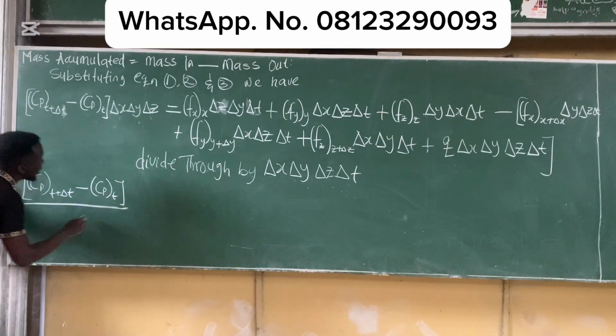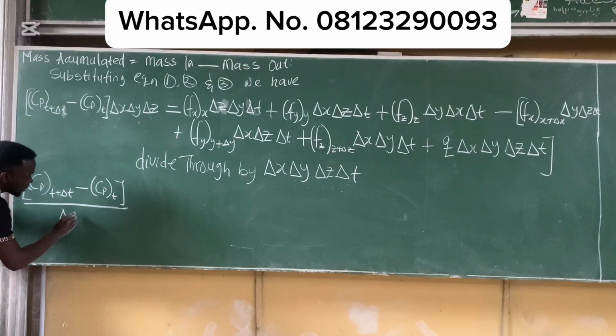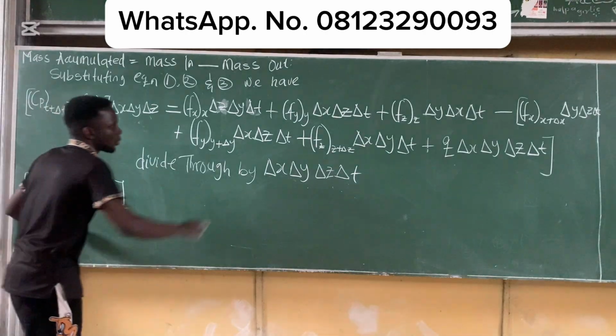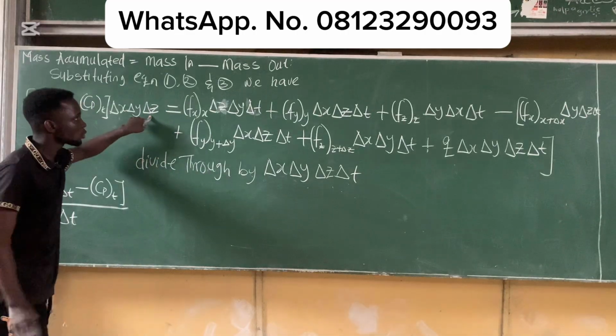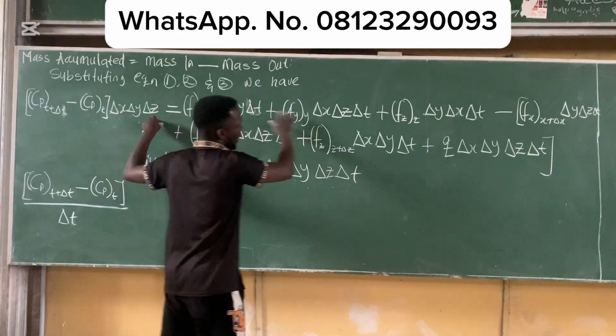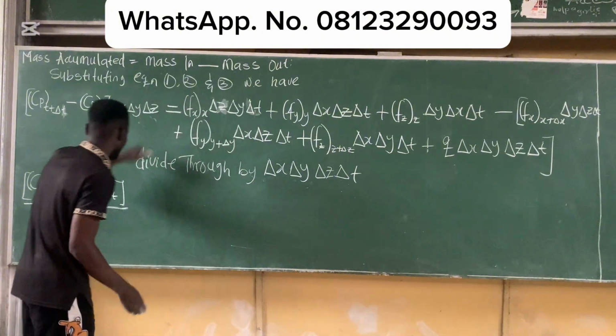Everything here now divided by what? Delta t. Now it's divided by delta t because this one will cancel this one, this will cancel this, and this will cancel this. Also, divide the individual parameter by this.